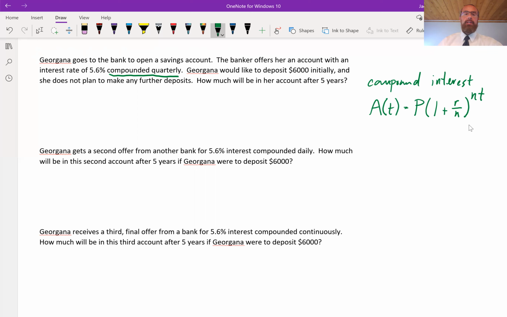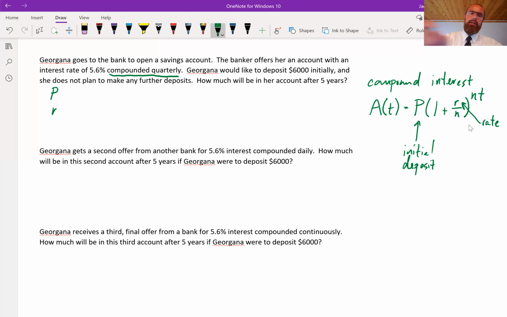So what we need to identify for this particular situation where Georgiana's depositing money are these variables. We need to identify the principal, and again, the principal is the initial deposit. We also need to find r, which is the interest rate.